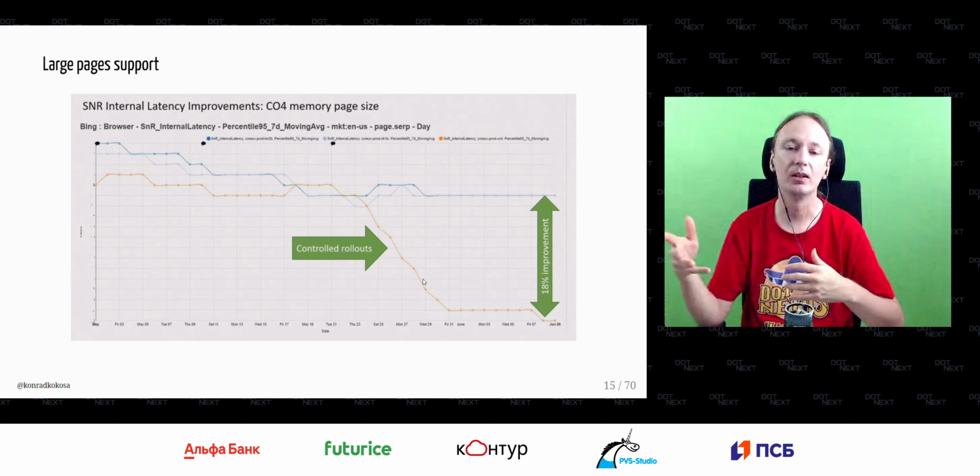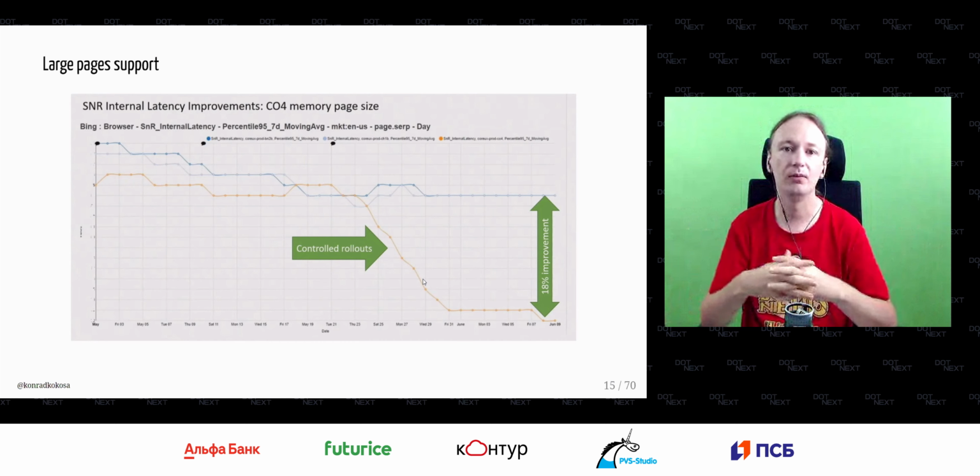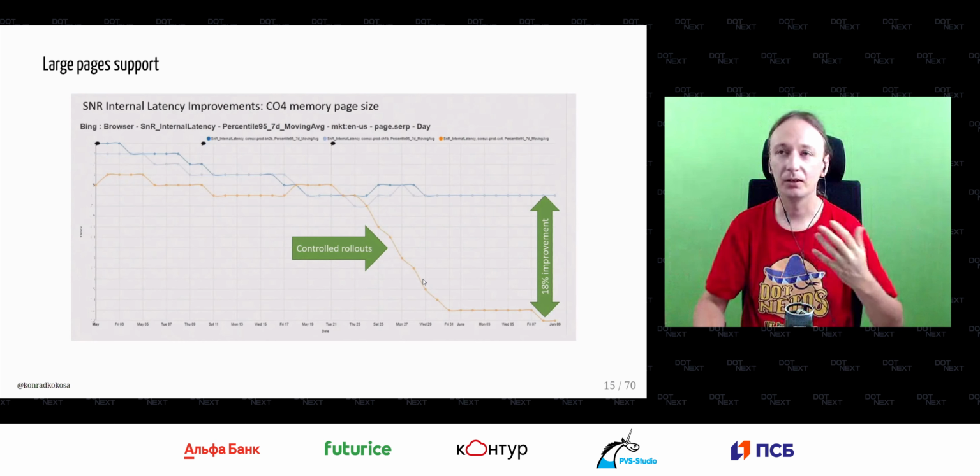And as we see, they improved the latency by 20% just because of turning this on. So this is a very nice thing. Obviously, you have all those caveats in mind. It is a very nice and easy solution for using big amounts of memory. So this is a nice feature that it's worth knowing.